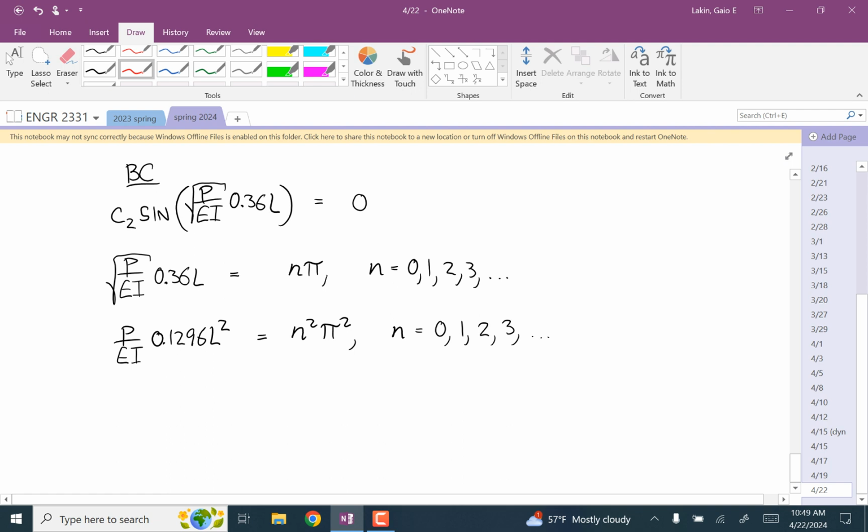We want the smallest non-trivial P, which means we want n equals 1. So we have that P critical is equal to EI pi squared over 0.1296 L squared.